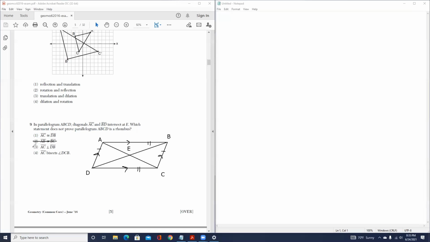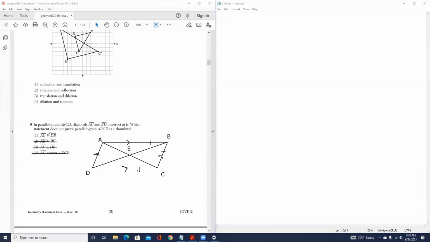Once again, that's a property of rhombi, that they have perpendicular diagonals. And choice 4, segment AC bisects segment DCB. Once again, that is a property of rhombi. That's also a property of squares, but not necessarily the case for rectangles.